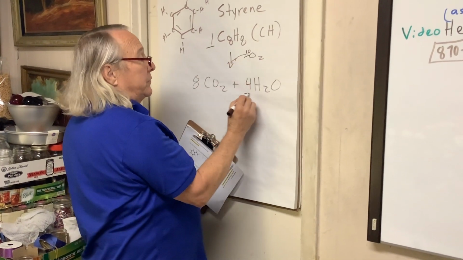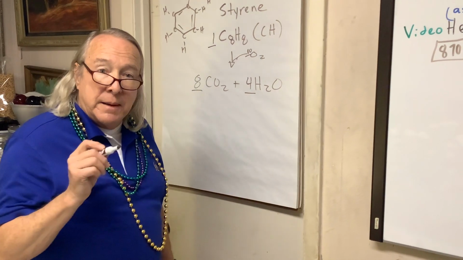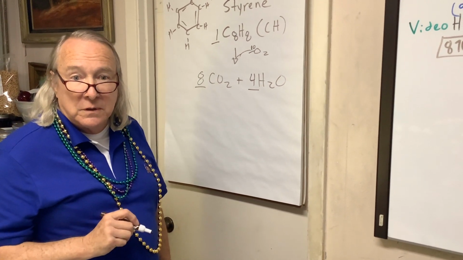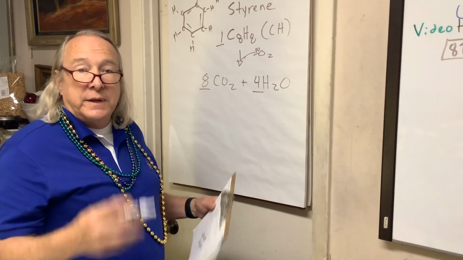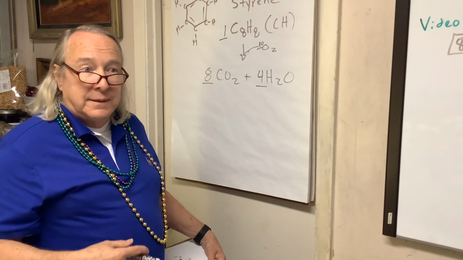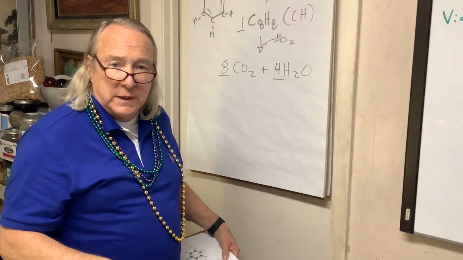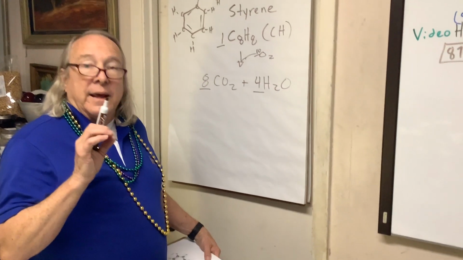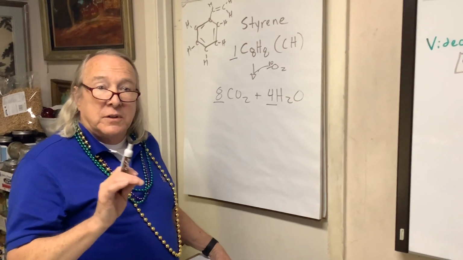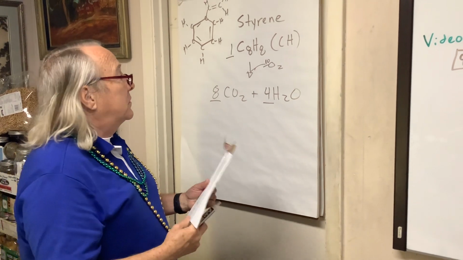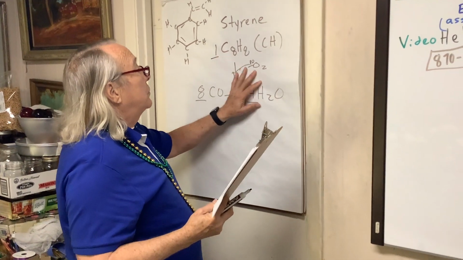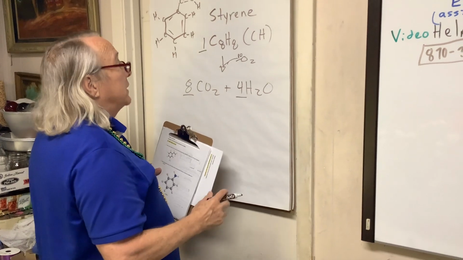These are my coefficients in my balanced chemical equation. Just like an algebraic equation where if you have 3x plus 2y equals 14, that 3 in front of the x and that 2 in front of the y are your coefficients. And it's the same thing here. We use those to calculate our mole ratios.